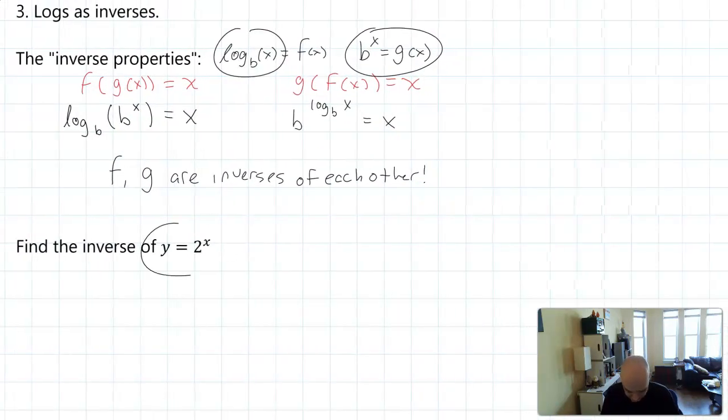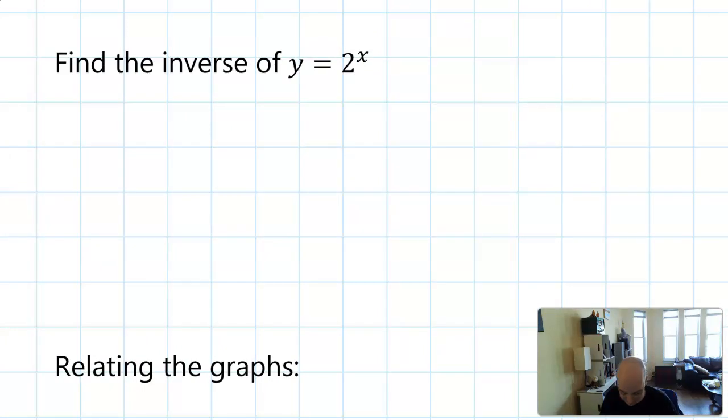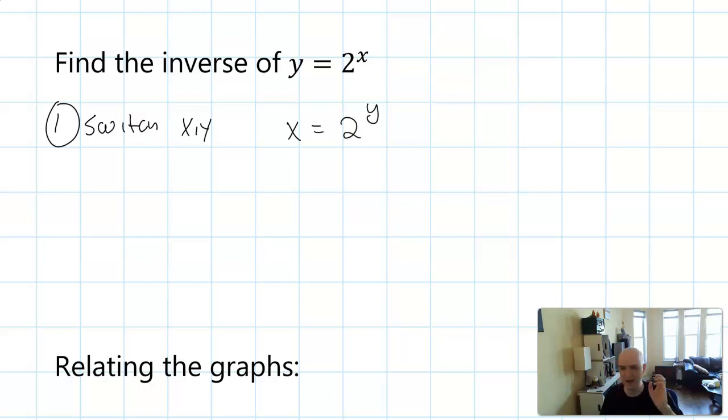We're going to start with something we know and see what happens. Do you remember the steps for solving for inverses? The first step is we switch x and y. So y equals 2 to the x becomes x equals 2 to the y, which I think you may have graphed on a previous homework assignment. Then we have to solve for y again.